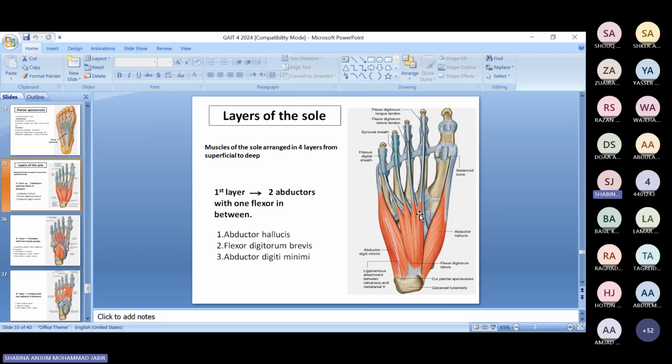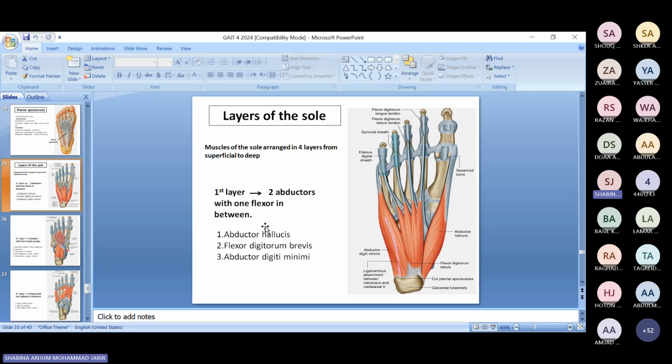So when you remove the deep fascia, or plantar aponeurosis, you will see the muscles are arranged in four layers. Just a small hint: in the first and third layer, you have three small muscles.